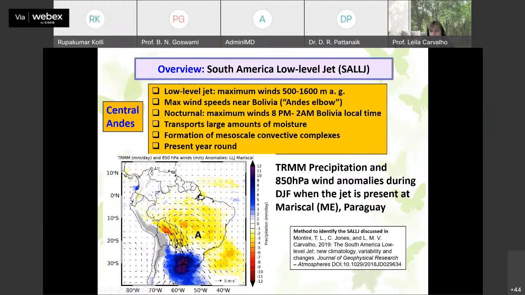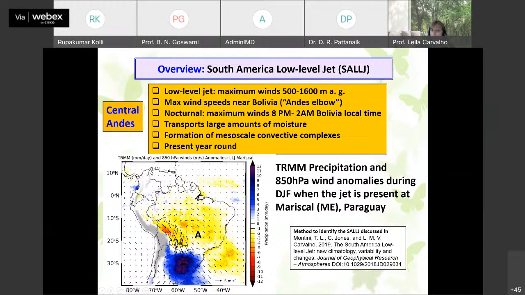And the importance of this jet is that it transports a lot of moisture from tropical regions to the subtropics. Here, what I'm showing, just to emphasize, is the anomaly relative to climatology when you have the jet very strong in this region.